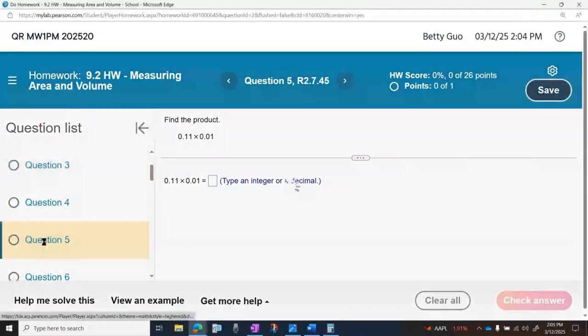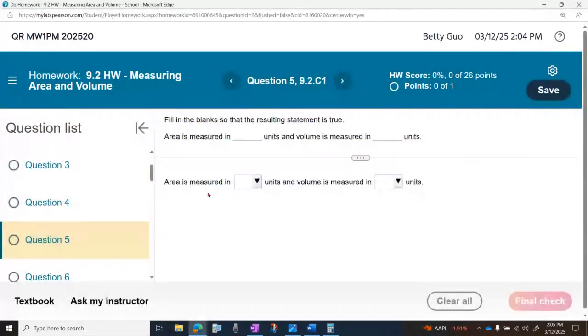Okay, area is measured in square units, and volume is measured in cubic units. So when you look at Zillow and you look at those houses in inventory, and the size of the house is 1,000 square feet, 2,000 square feet, right?